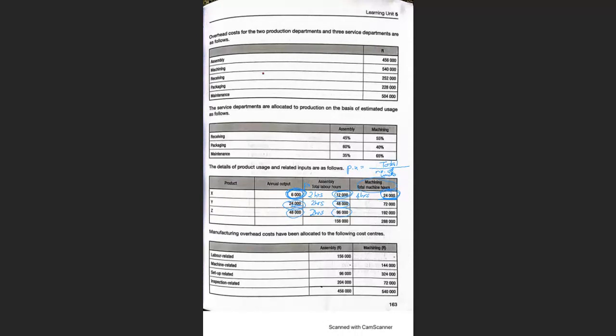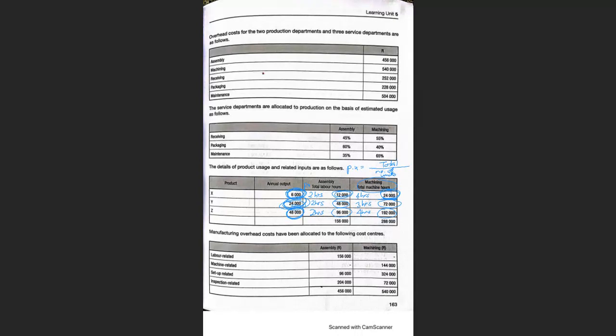Then 72,000 divided by the 24,000 units tells us that it's 3 machine hours needed per unit for Y. And for Z, it's 192,000 divided by 48,000, and that is 4 hours needed for Z.